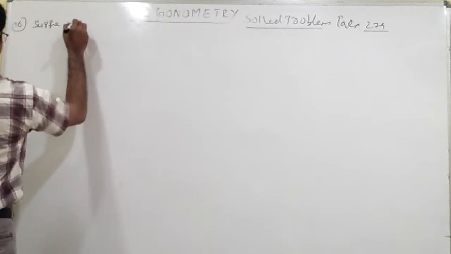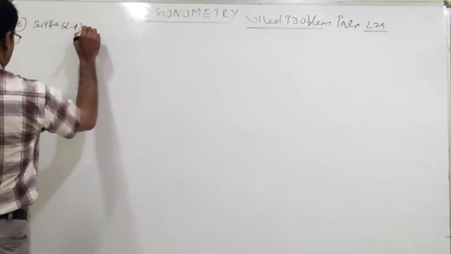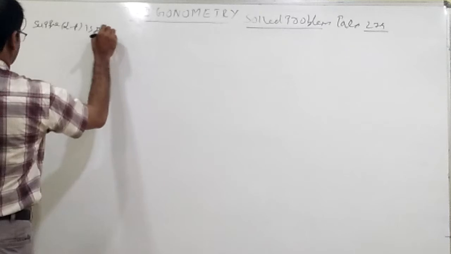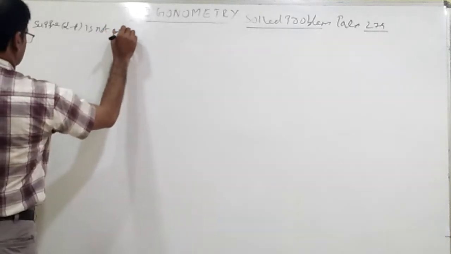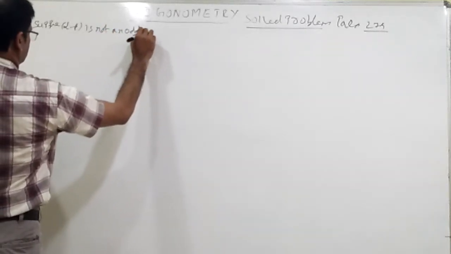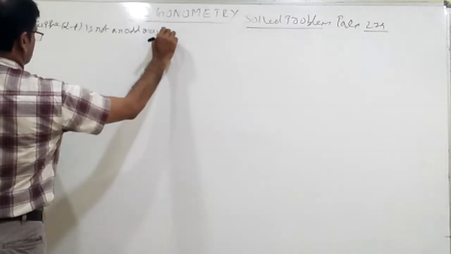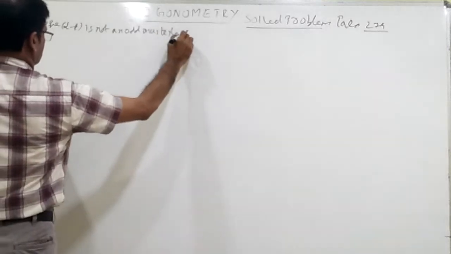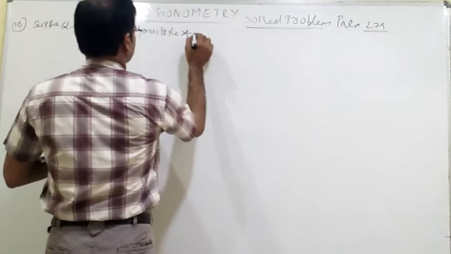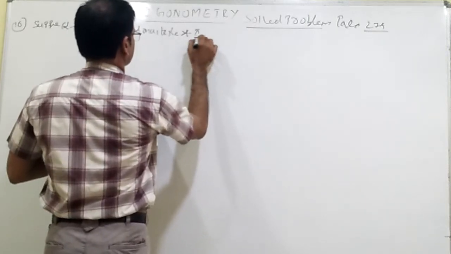Suppose alpha minus beta is not an odd multiple of pi by 2.